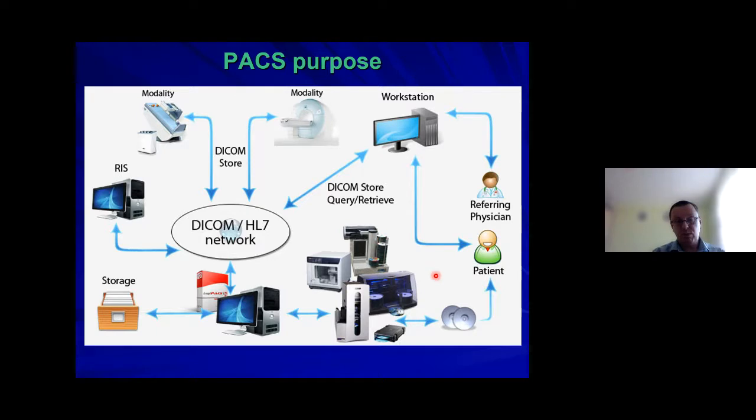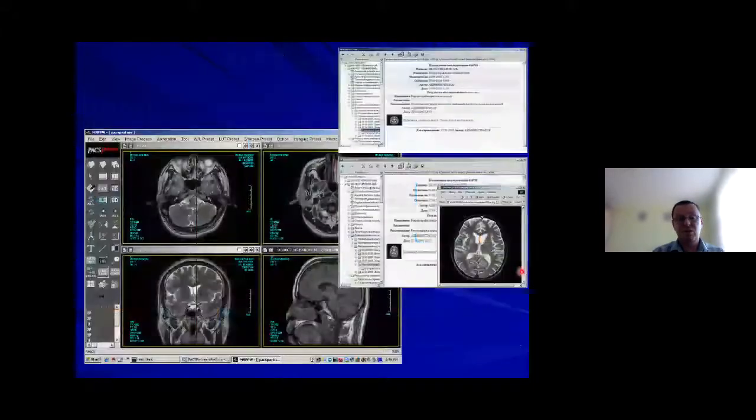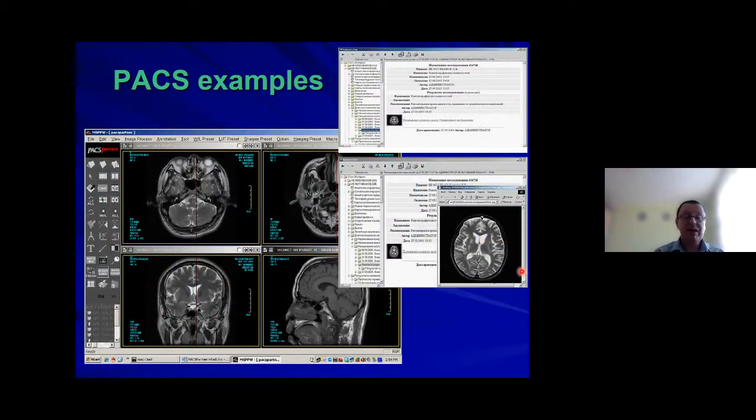And here is an even more detailed list: we can retrieve digital images, we can interact with external information systems, we can create a digital archive, we can print data, provide access and remote access for physicians as well as patients. How it could look practically, multiple approaches are available. Here is given one of a pair of possible options: a clear PACS at the right side and an essential PACS embedded into a more general hospital information system.